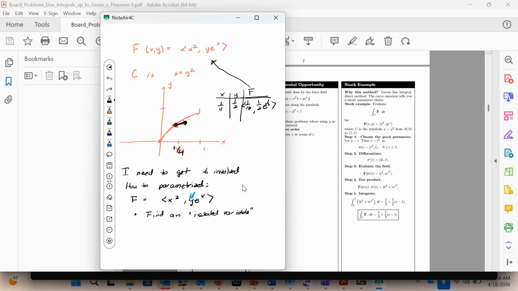By just looking, that's where I got it from, right here and here. So t, because t is equal to y, starts at 0 and ends at 1. So that bullet is find where t starts and ends. The work is up there.